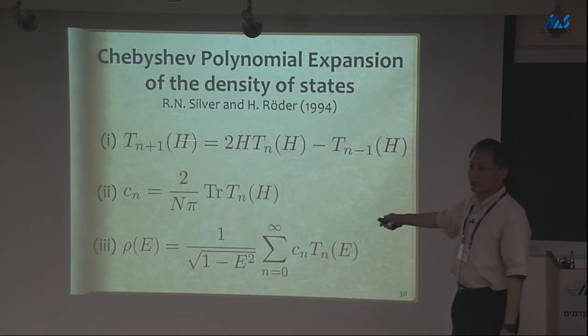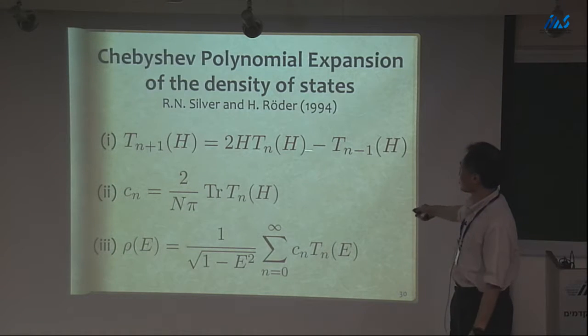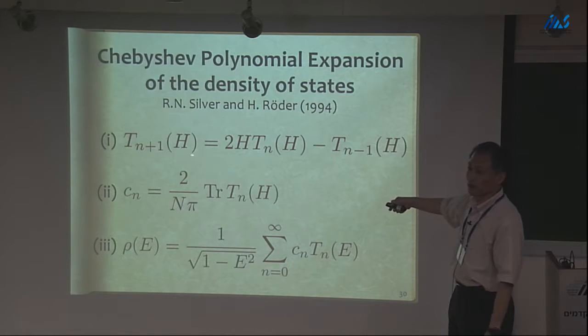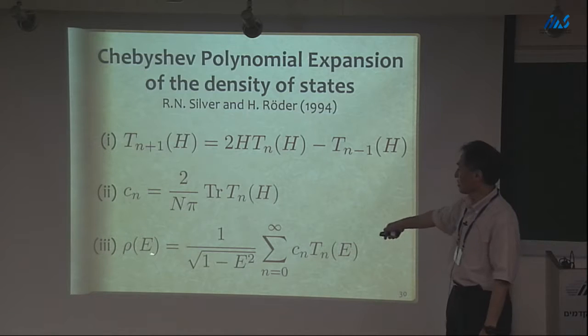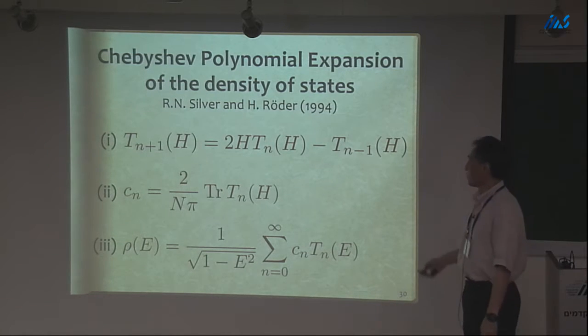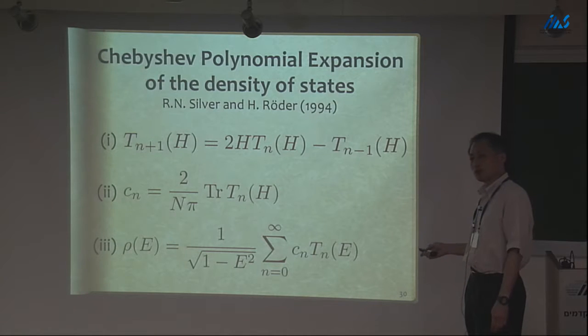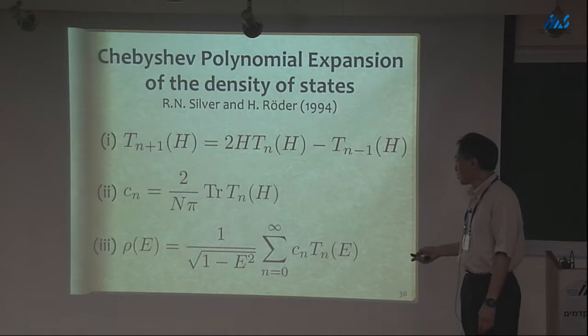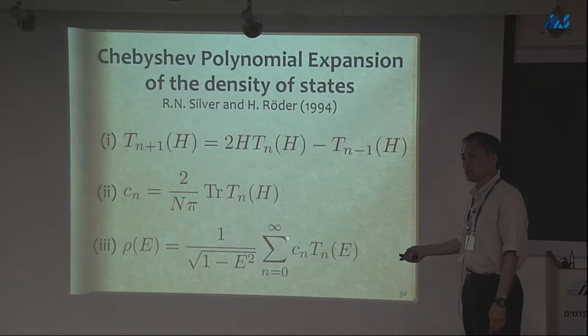This is the procedure. So I generate higher order matrix polynomials. I take the trace and I can find the expansion coefficient. I use this expansion coefficient here, and I can find the density of states. But of course, in numerical calculations, you can't sum up to infinite order.